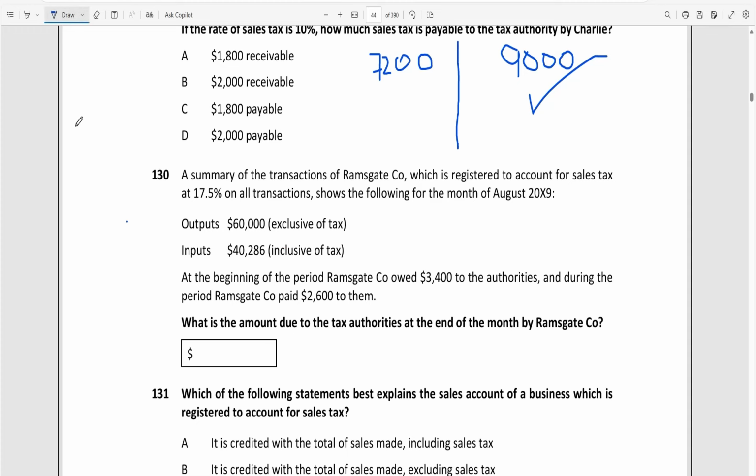Basically the question is asking, how much is the opening balance? So Ramsgate Company has to pay 3,400, out of which during the period they paid HMRC 2,600. That means it will reduce our liability and it will be 2,600.